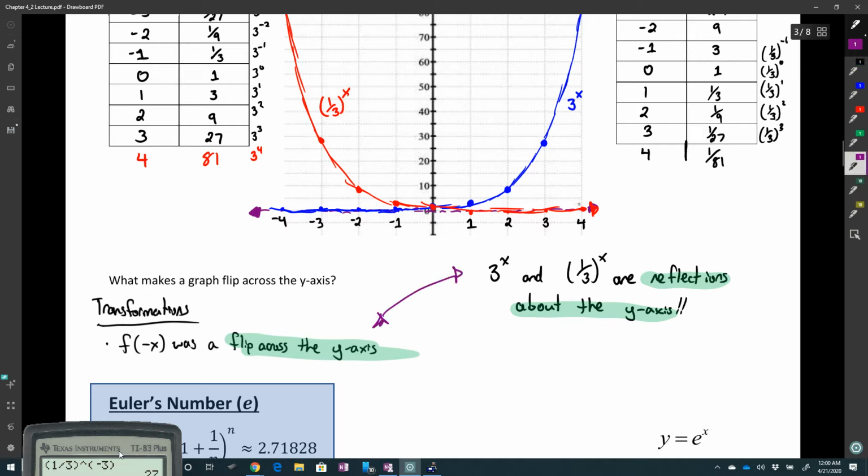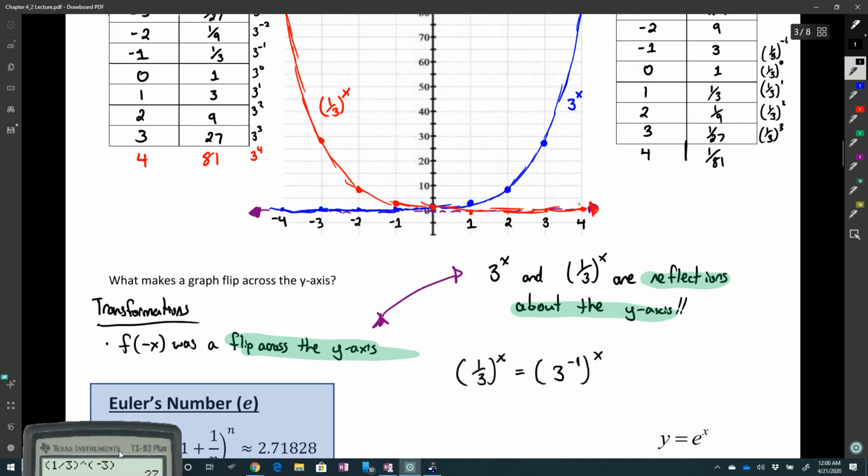And so I want to show you that these two things are the same. If I get 1/3 to the x, I can write 1/3 as 3 to the negative 1.